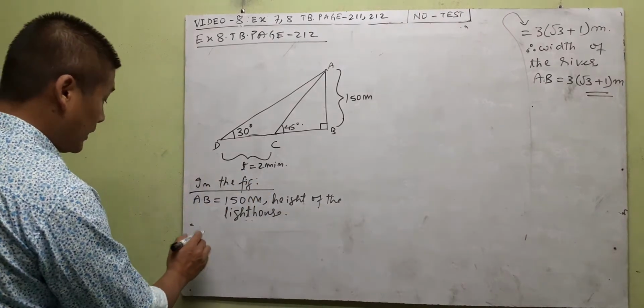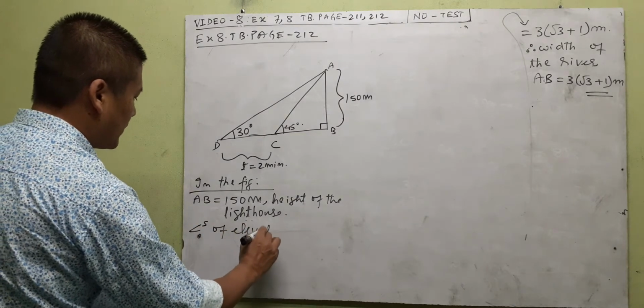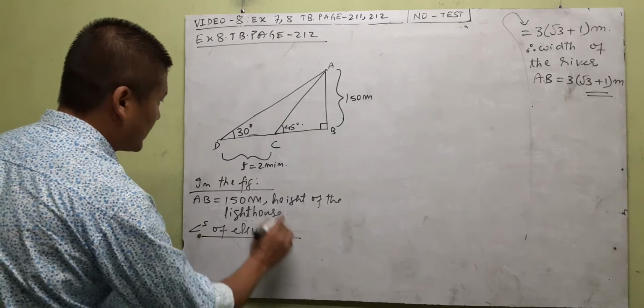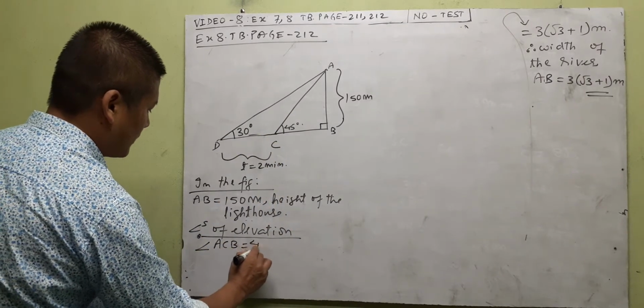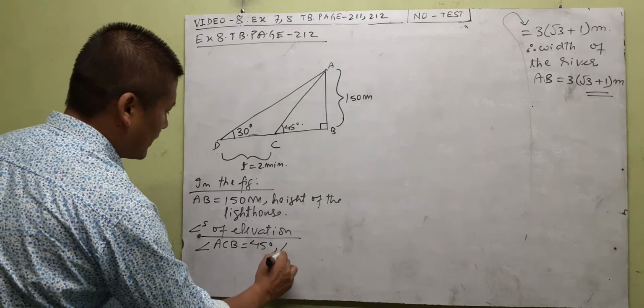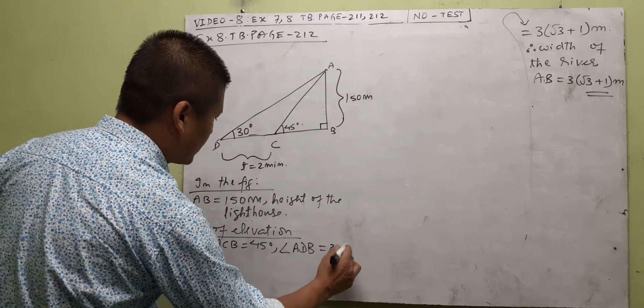Then the angles of elevation. When he was nearer to the lighthouse, initially at C, angle ACB equal to 45 degree. Then he moved away and at position D, angle ADB, 30 degree.